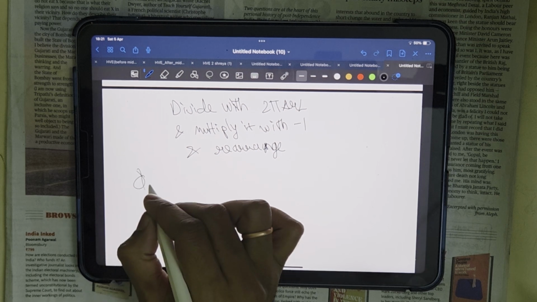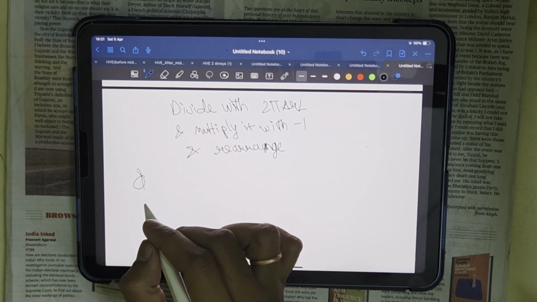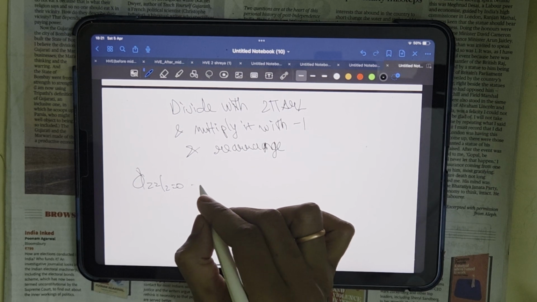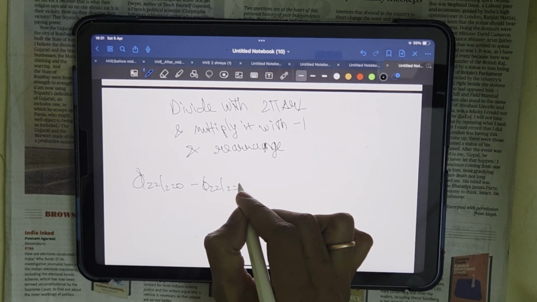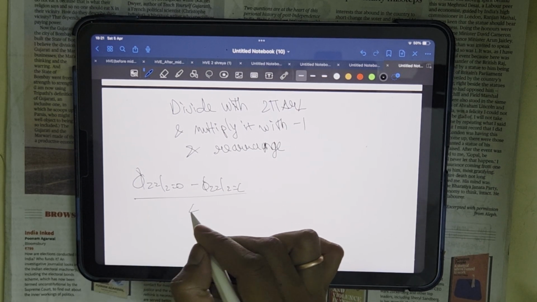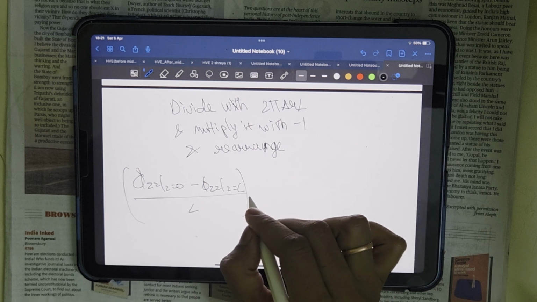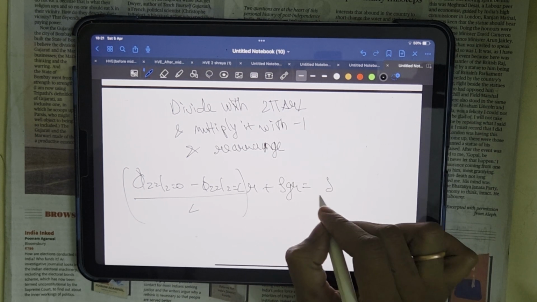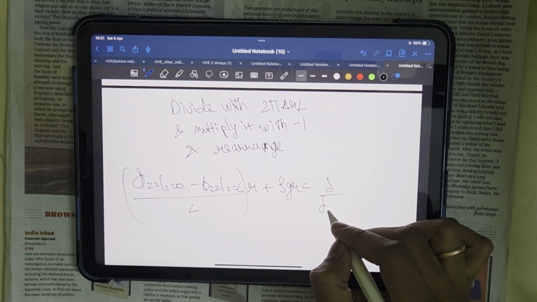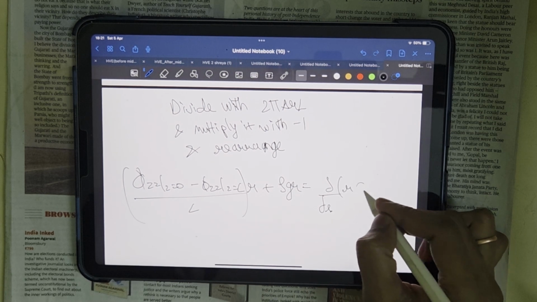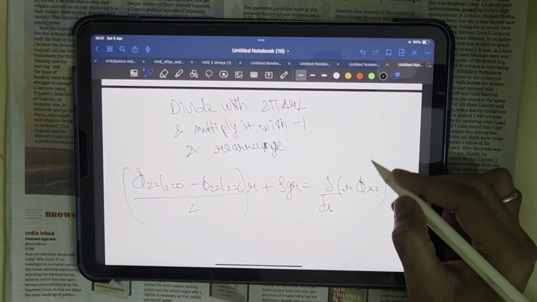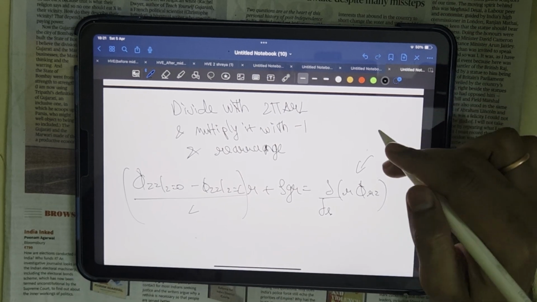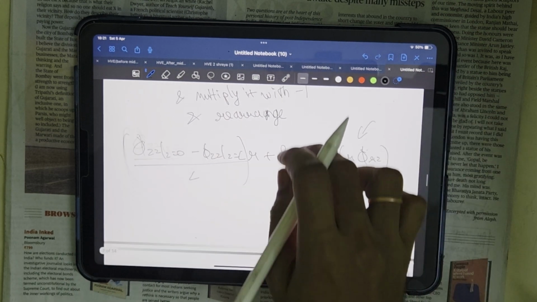We get phi zz at z equal to 0 minus phi zz at z equal to L, upon L, into r plus rho g r, which is equal to dou of dou r of r into phi rz. We get this by applying the partial differential equation formula.